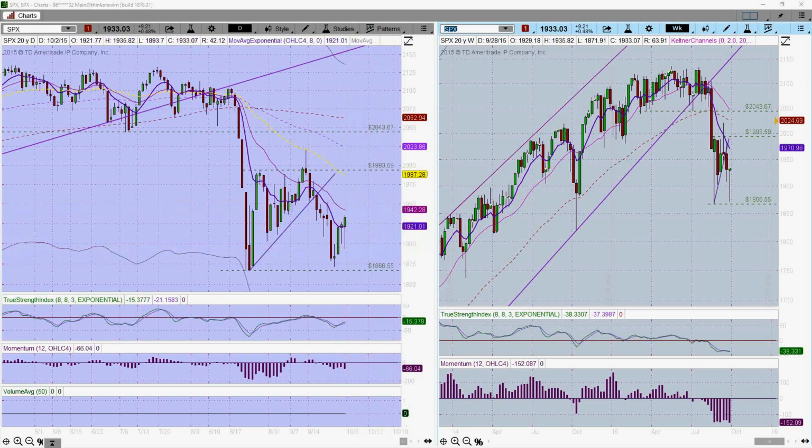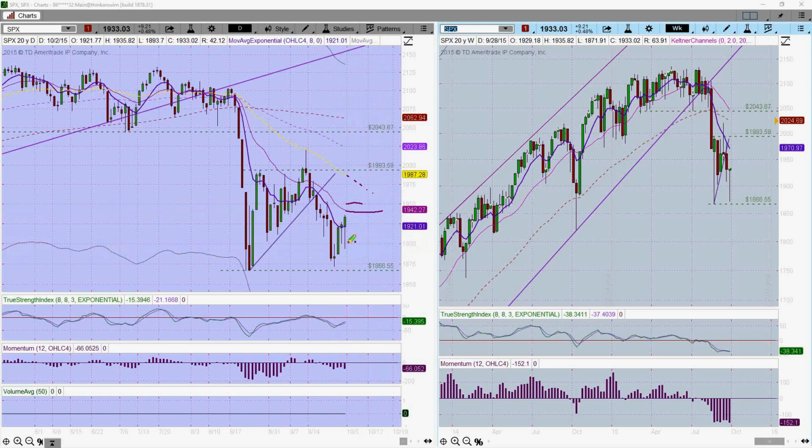Now, what are we running into very quickly, and I'll jump over to the weekly chart, is resistance at the 20-day moving average, and then also resistance at the 1950 level, and of course, as the 50-day moving average continues to move down, that would also be a level of resistance.